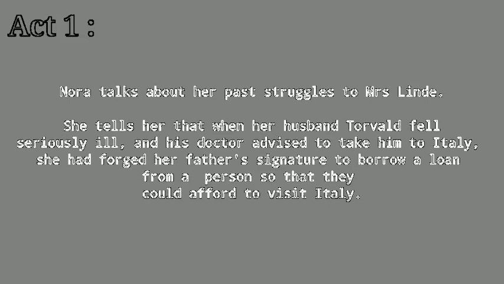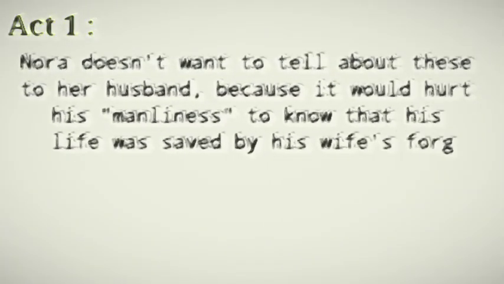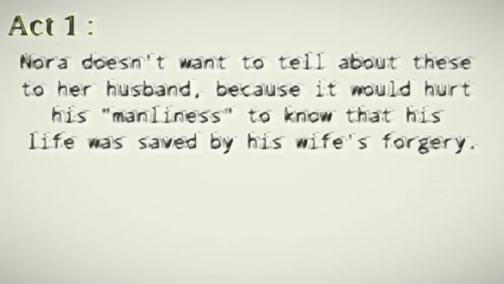This event is unknown to Torvald. Nora does not want to tell these things to Torvald, but she is trying to work hard and earn as much money as possible so that she can herself pay the loan she owes to Nils Krogstad.